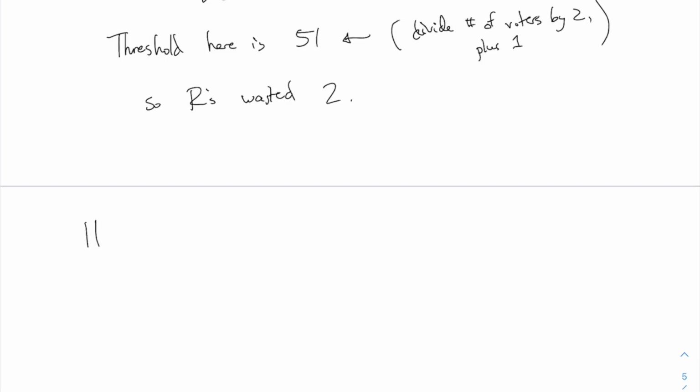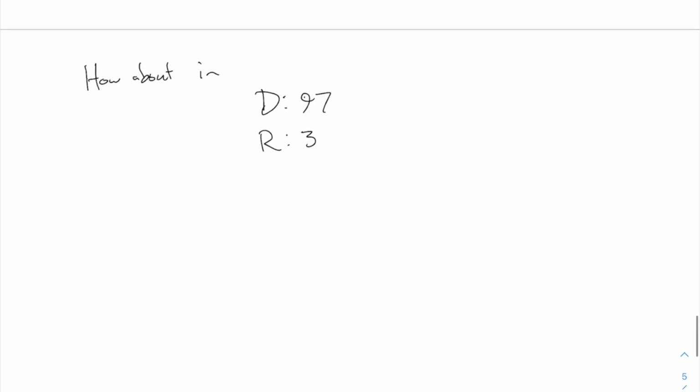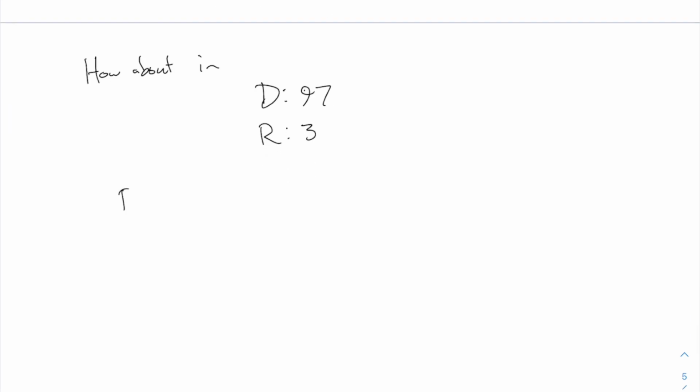What if it was D gets 97 and R gets 3? All right. In this case now, how many did the R's waste? 3. Yeah, the winner is the D, and every vote for the loser is wasted.